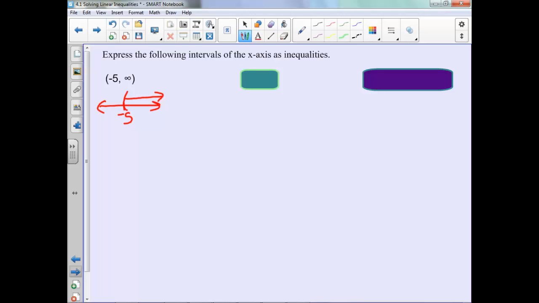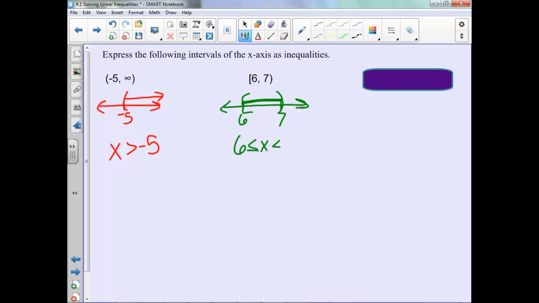This means we want the numbers that are greater than -5. Now this one, if we were to graph it, it would be from here to here, and the numbers in between. Which means that our x has to be greater or equal to 6, but also less than 7. So x has to be between 6 and 7.